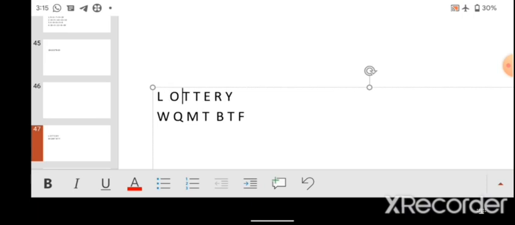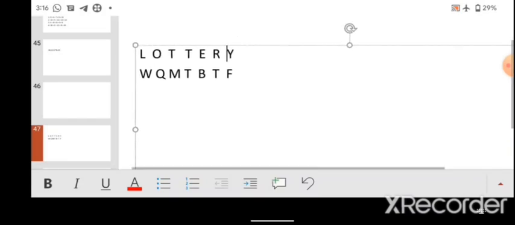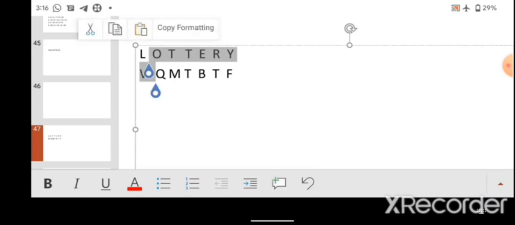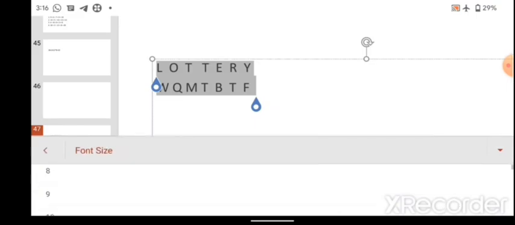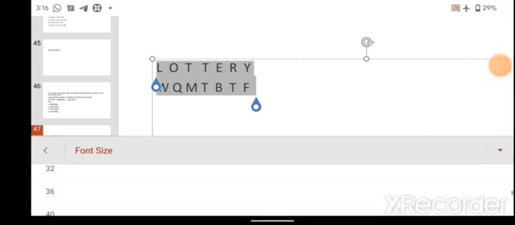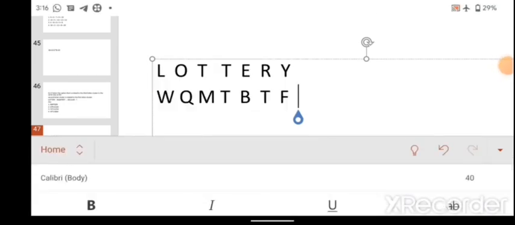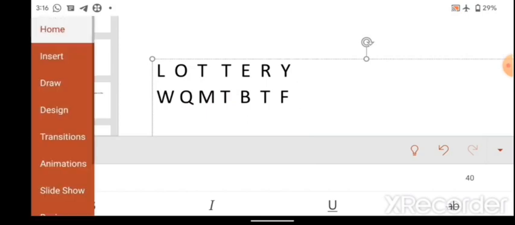Let's arrange it accordingly, so that we can understand what is what. Okay, better now.